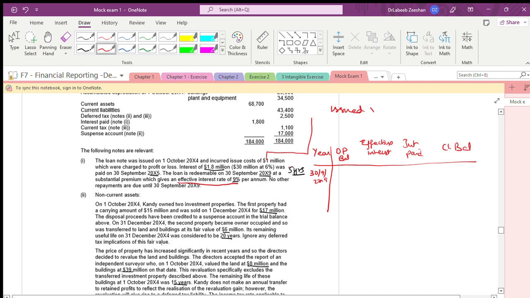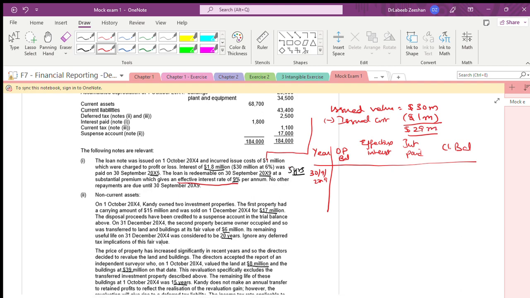Issue value is 30 million minus issue cost of 1 million, which is 29 million. The opening balance is 29 million. Effective interest is 29 million into 0.09.